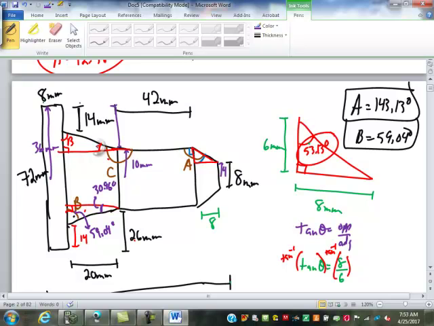So this angle right here is also 30.96. So C is just 180 plus that angle. So 180 plus 30.96 is 210.96 degrees. Any questions on where any of those three angles came from?